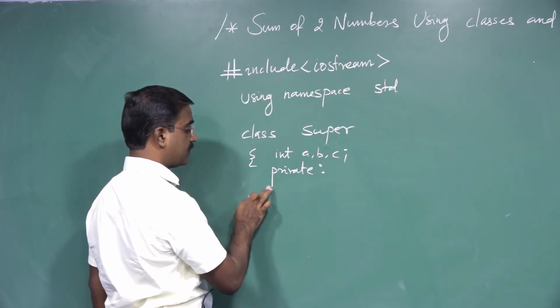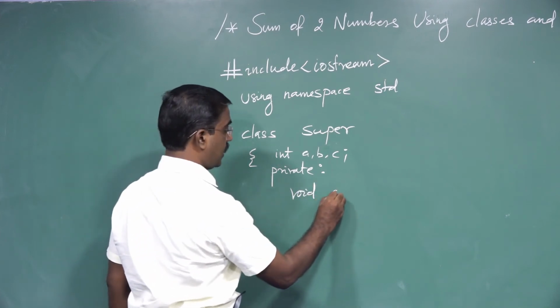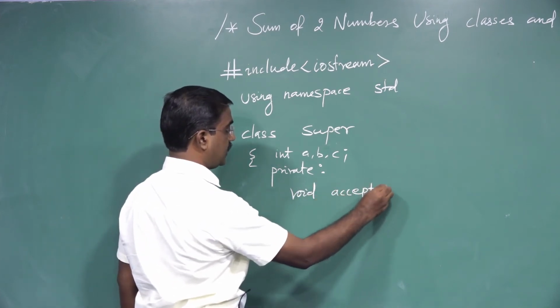Then in the private access specifier, void accept, or get, anything.